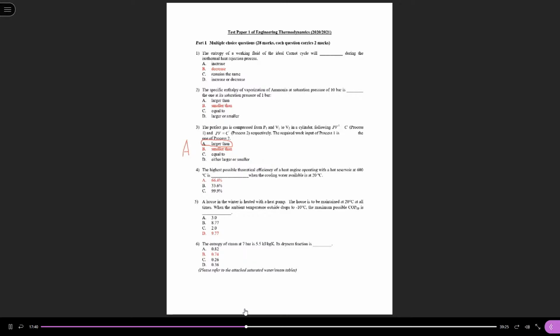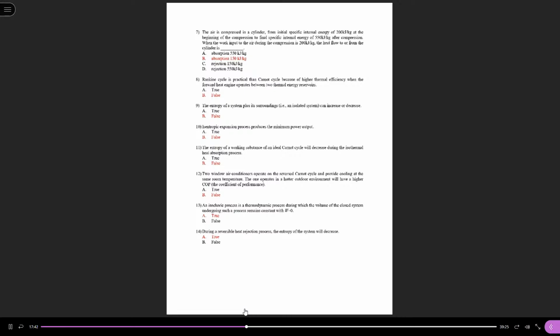Okay, for question 12. So for question 12, it is for the reverse heat engine. And we generally remember the COP calculation.